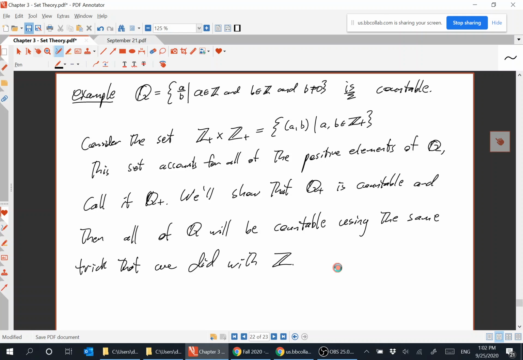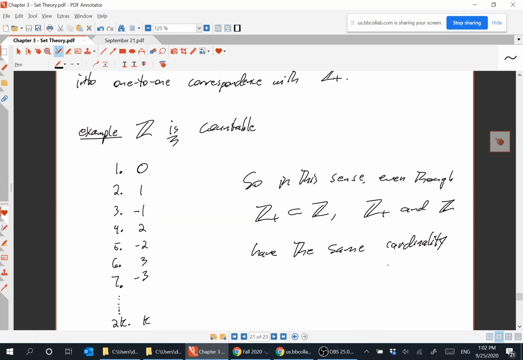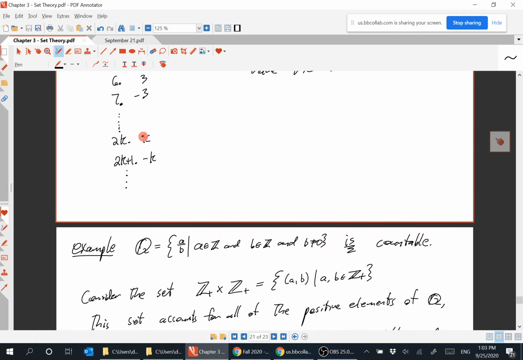We're just going to show that the positive rational numbers are countable, or we can put them in one-to-one correspondence with the positive integers 1, 2, 3, 4, 5, 6, so on and so forth, and get all the rational numbers. Okay, and then to incorporate the positive and negative ones in there, you just redo the counting and you flip-flop positive, negative, positive, negative in the same way that we did before.